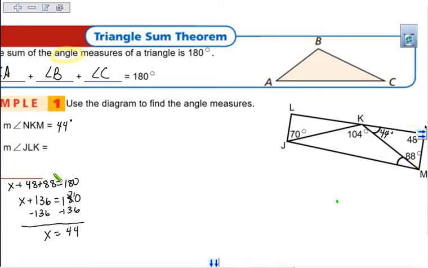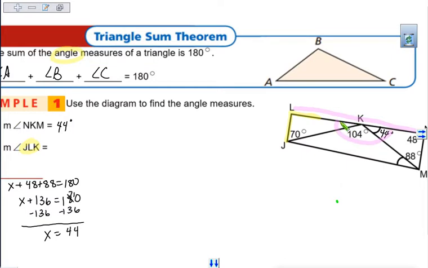Our next angle that we're looking for is angle JLK. JLK. So we're looking for the yellow angle. Now, there's only one angle in that triangle. We need to find the other angle. Notice that we have a line right here, and we have three angles making up that line.